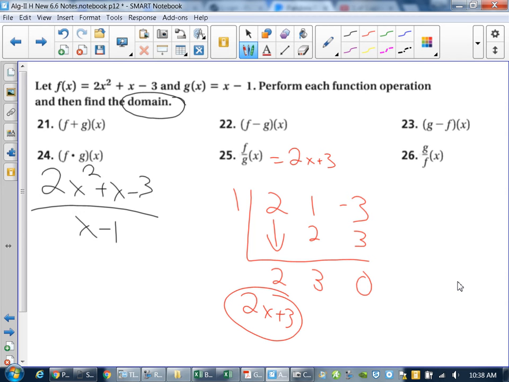Because what can't x be in the denominator? 1. So my domain for this problem would just say x can't equal 1. Because if x equals 1, I'm divided by 0, black hole of death. Can't do that. I know, it's fun, but you don't want to.